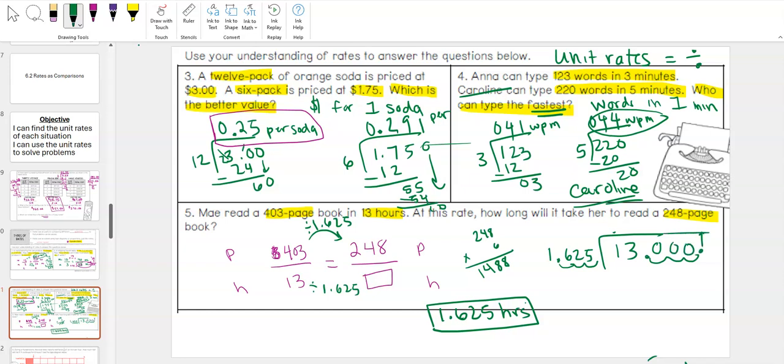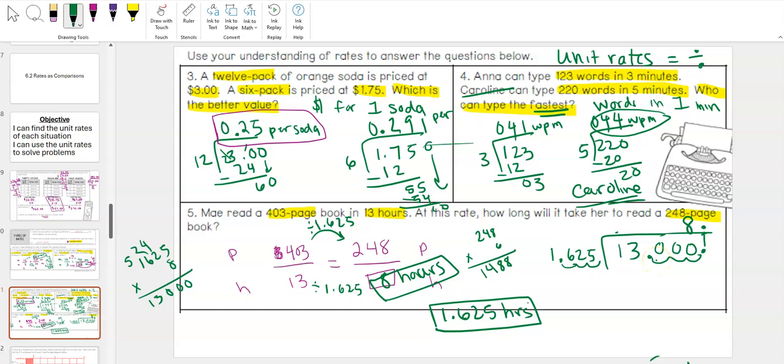My decimal point will go straight up in my answer, and I'm now doing 13,000 divided by 1,625. Again, I'm going to pause here and do this division to save some time. All right, so 1,625 goes into 13,000 8 times evenly, which means that it will take me 8 hours to read that book, read 248 pages.